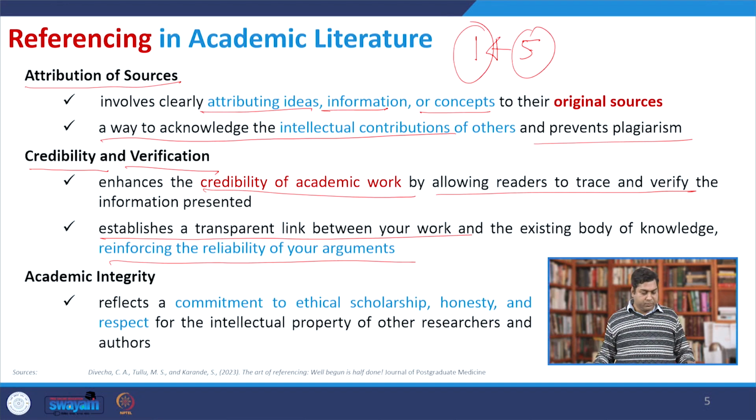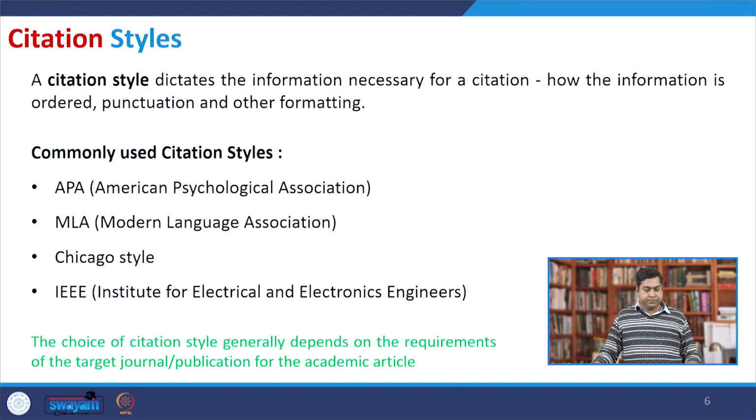So, that will also validate. Academic integrity, we already discussed, reflects a commitment to ethical scholarship, honesty, and respect for the intellectual property that other researchers and authors have contributed.